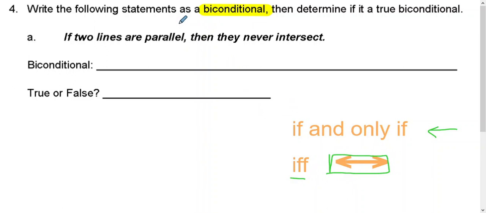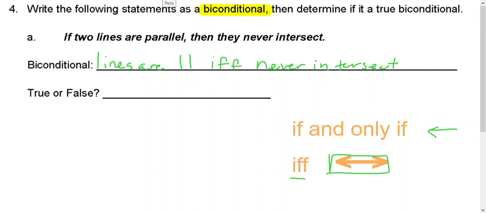So we would write this as a biconditional saying lines are parallel if and only if they never intersect. Okay?